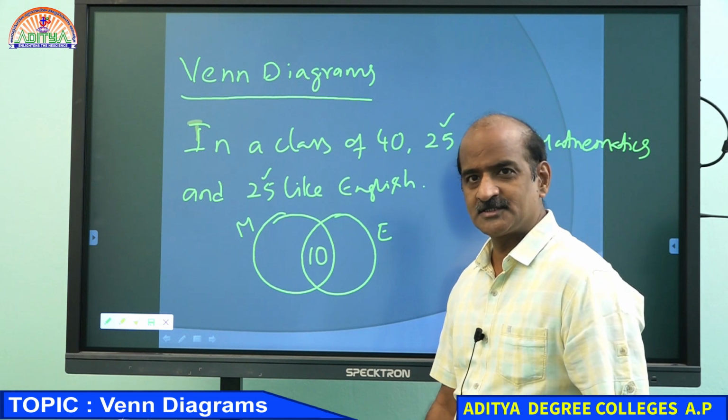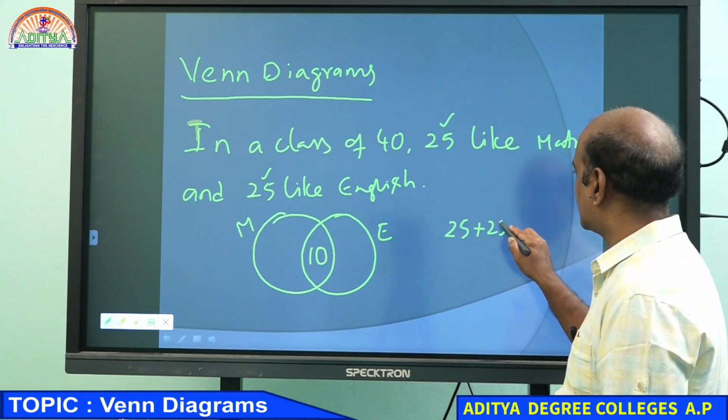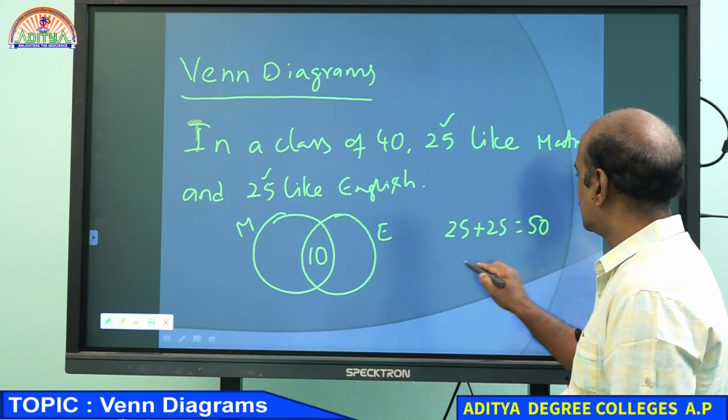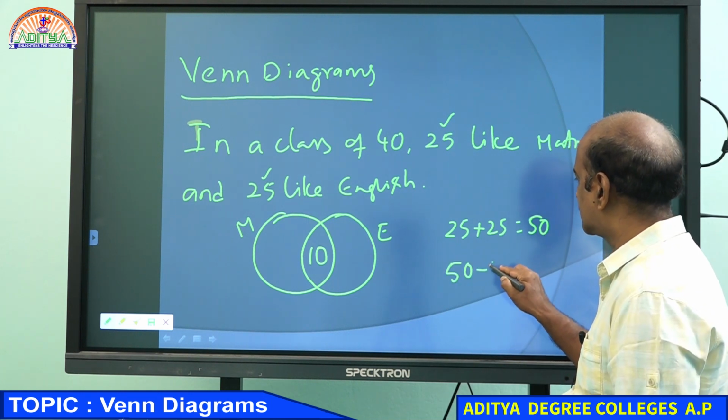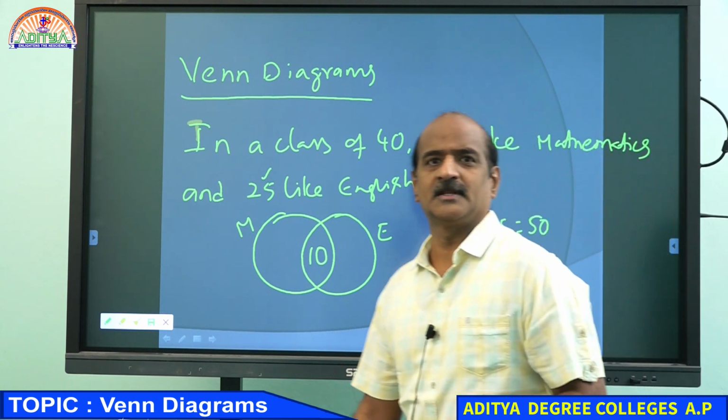You understand how we get this 10? 50 minus 40 is 10, which should be taken in the common area.